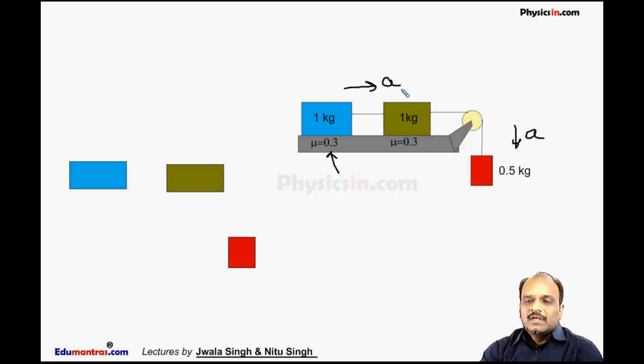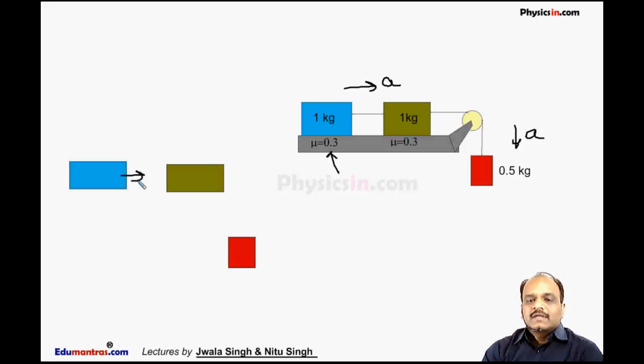This acceleration can never be opposite. These two blocks have a sliding tendency in the forward direction because the tensions are pulling them forward. Friction can stop them, but friction can never move them backward. So let's assume the two blocks are moving with a forward acceleration of A.